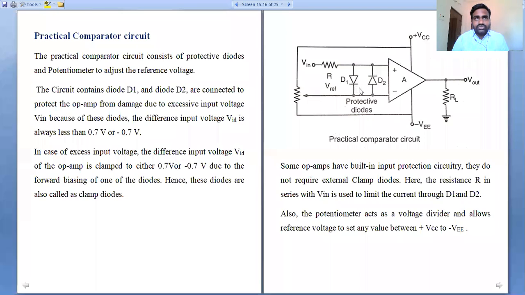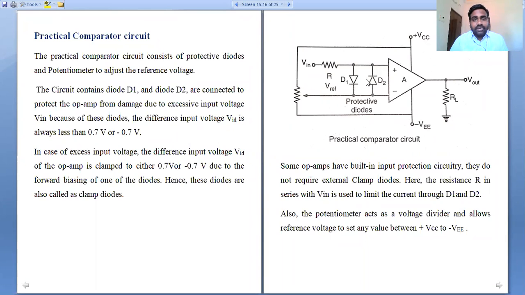One of the diodes is forward biased, and that condition of forward biasing is called clamping. Only a range of operating voltage from plus 0.7 volts to minus 0.7 volts will be experienced by the operational amplifier. That's why these protecting diodes are also called clamp diodes.